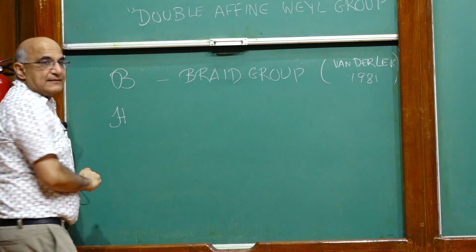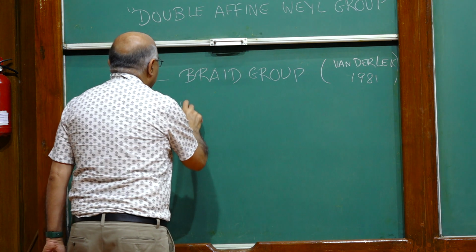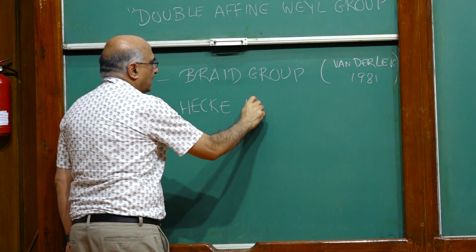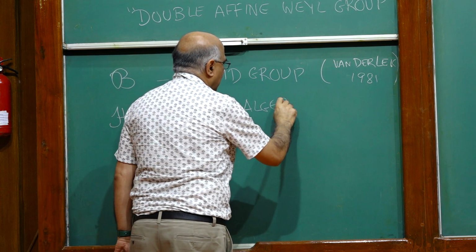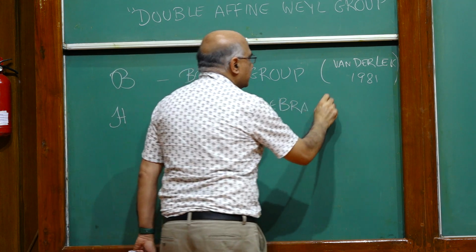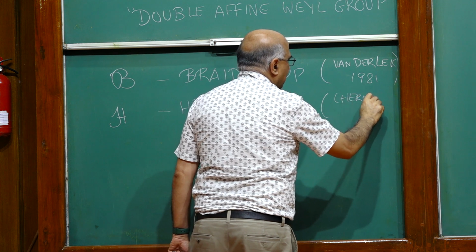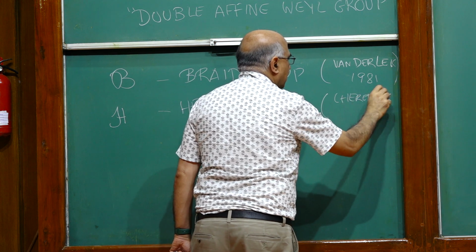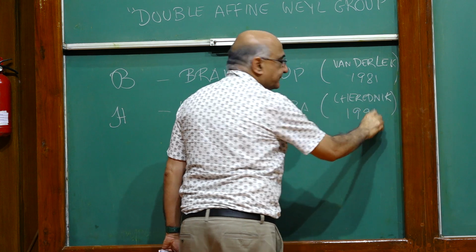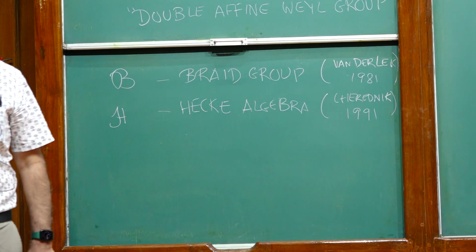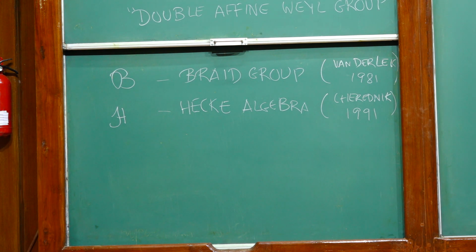I will explain these things. And this was done by Cherednik, I think around 1991. Cherednik explained how to construct the Hecke algebra for this double affine Weil group.